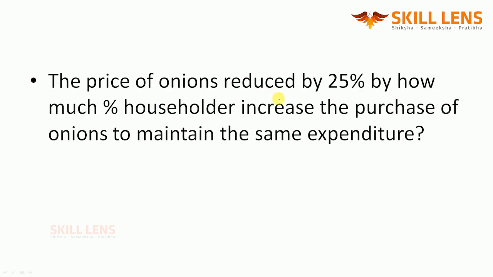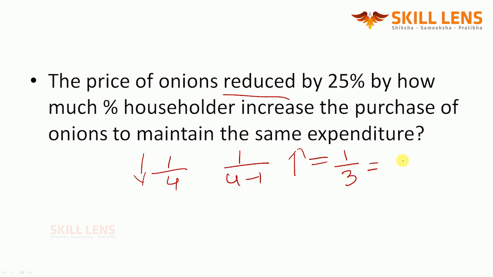We'll move on to the next question. The price of onions reduced by 25%. Look here, the second application. 25% is 1 by 4, so 1 by 4 got reduced. Now you have to increase your value by 1 by 4 minus 1. Listen to it. 1 by 4 minus 1 is 1 by 3. 1 by 3 is 33.33%.